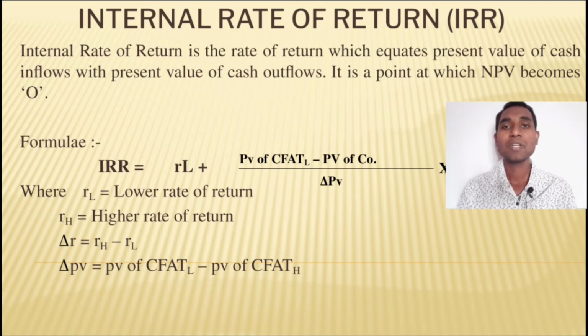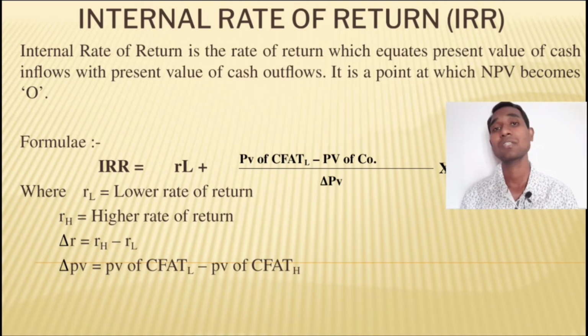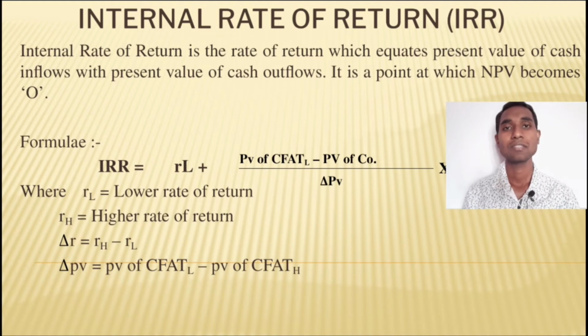Or let me put it this way, IRR is a situation where NPV becomes zero. That is, when the present value of cash inflows is equal to the present value of cash outflows, the resultant is zero. We refer to this situation as internal rate of return.